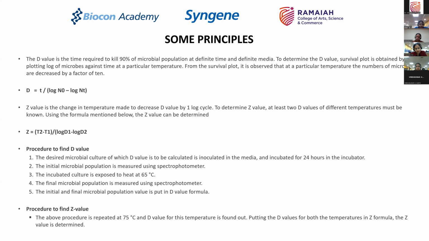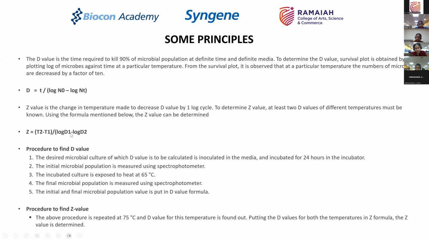Now, for me to determine the Z value, I will take the D value where I got a reduction of 1 log at temperature 121 degrees centigrade and at 115 degrees centigrade, and see whether by getting that log reduction, am I able to achieve the same kill rate that I am trying to achieve, and therefore reduce my time. Because what is the D expressed in?